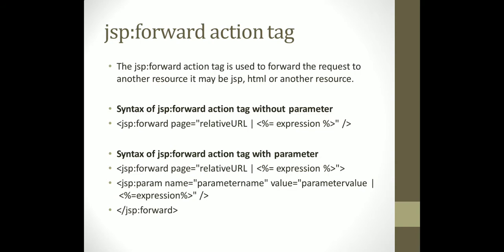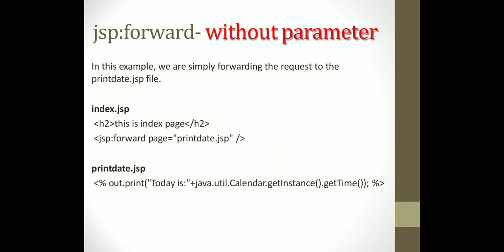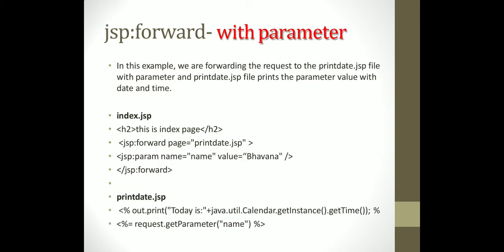So the forward action tag is used to forward the request to another resource. It may be JSP, HTML or any other resource. Without parameter also we can use it, and that we have also seen with the example. You can see we haven't given any parameter here, we have directly used it.